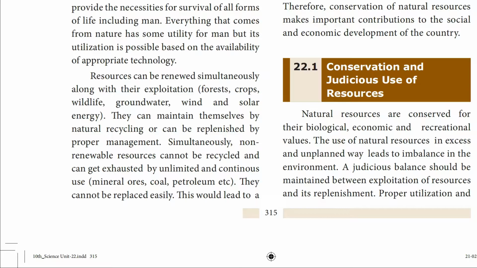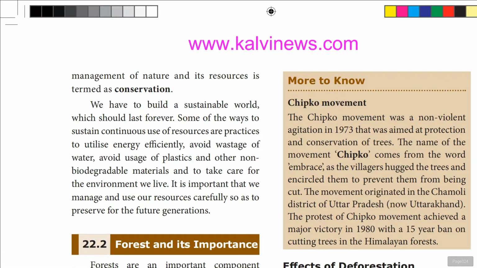The use of these natural resources in excess and in an unplanned way will lead to an imbalance in the environment, and that becomes a problem for the future generation. So there must be a judicious balance between exploitation of these resources and their replenishment. This can be attained by the proper utilization of nature and its resources, and this is termed conservation.